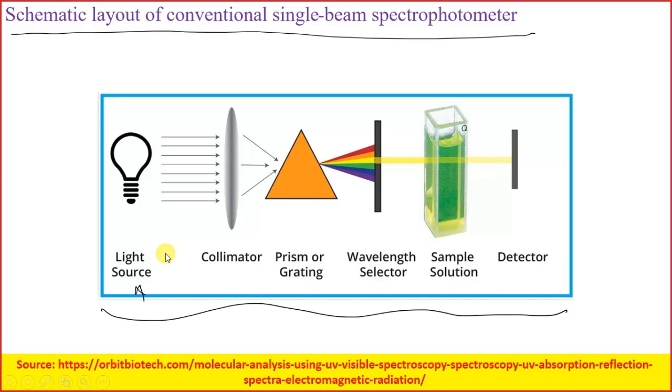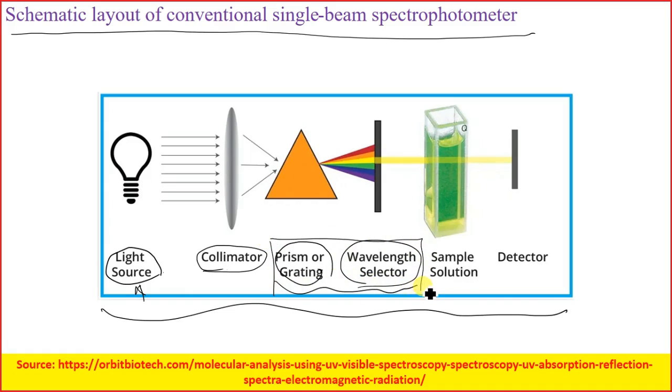So in a typical spectrophotometer, we would have a light source, a collimator, and a prism or grating which will allow us to convert the polychromatic radiation to a monochromatic radiation using a wavelength selector. So this will be a combined system changing a polychromatic radiation to a monochromatic radiation. In the case of UV visible spectrophotometry, we have two separate things: the prism or grating and the wavelength selector.